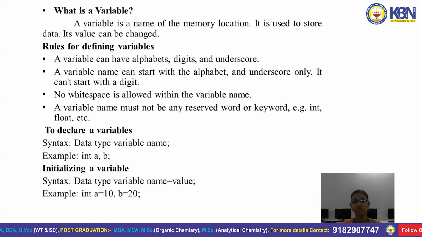Data type, variable name. We have previously discussed four data types: integer, character, float, double. Here let us see the example. Data type is int and here the variable names are a, b. How to initialize a variable? Initializing a variable means we are assigning a value to the variable.